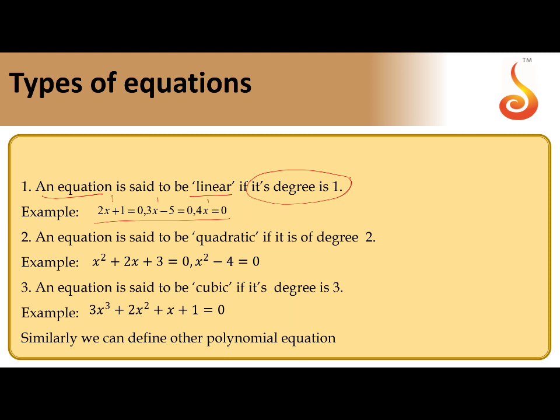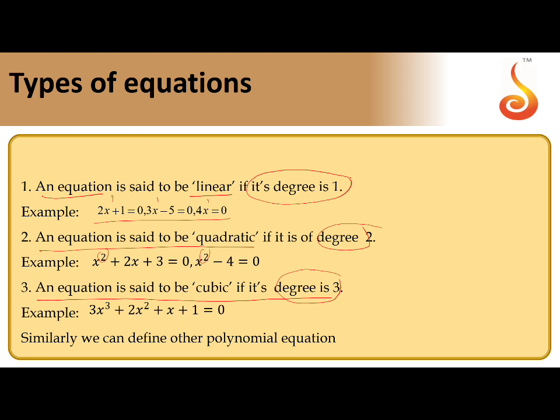Same thing. An equation is said to be quadratic if its degree is 2. Similarly, an equation is said to be cubic if its degree is what? 3. So a third degree polynomial equation we call a cubic equation, second degree quadratic, first degree linear.